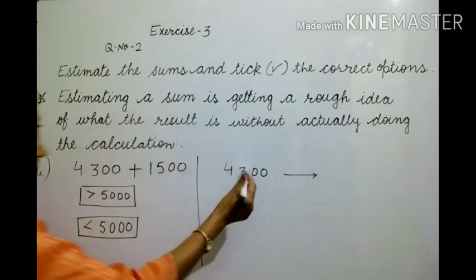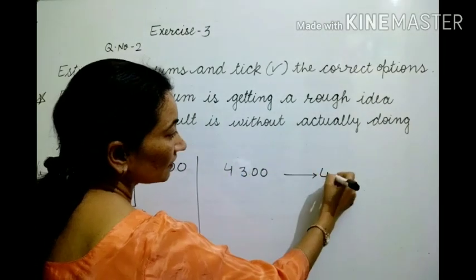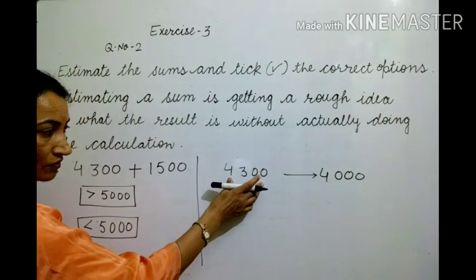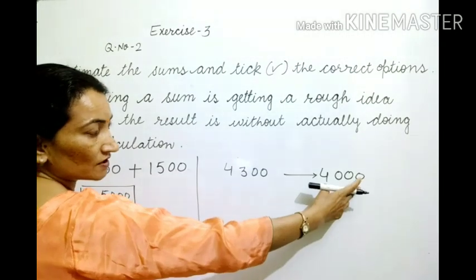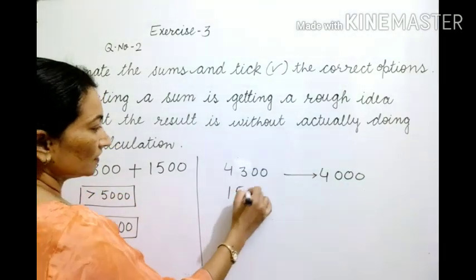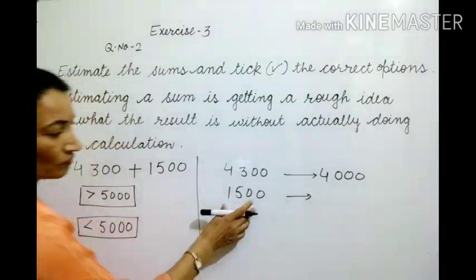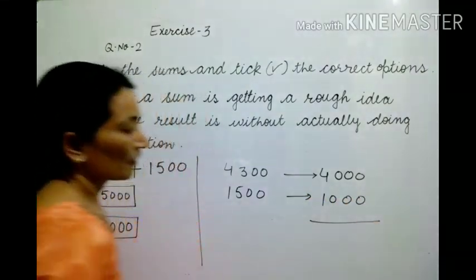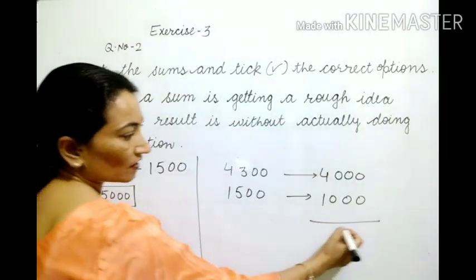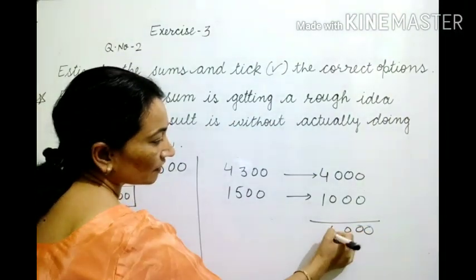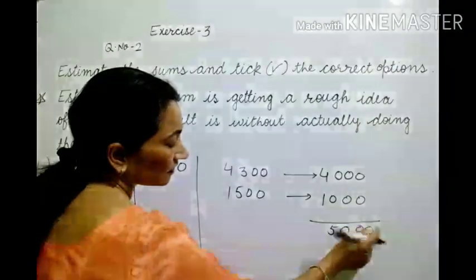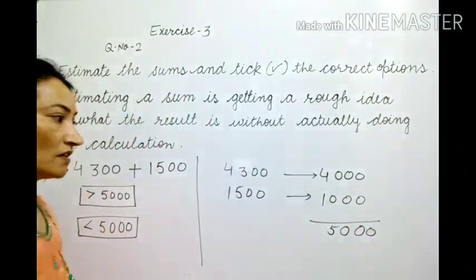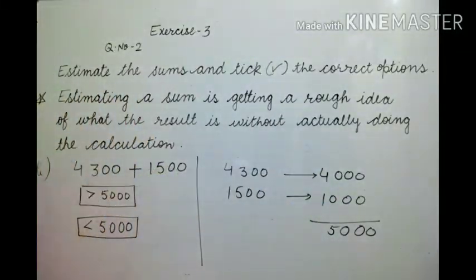We take an idea of which thousand it lies near. The nearest value of 4300 in 1000s is 4000, and the nearest value of 1500 is 1000. Now, if we add the estimated values, then we get a rough idea of the sum.